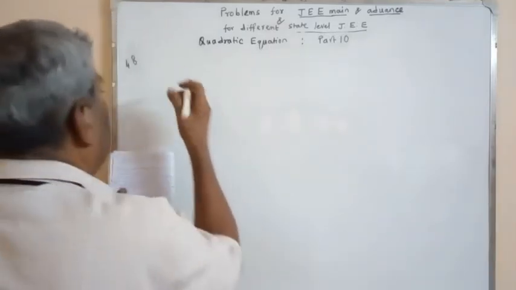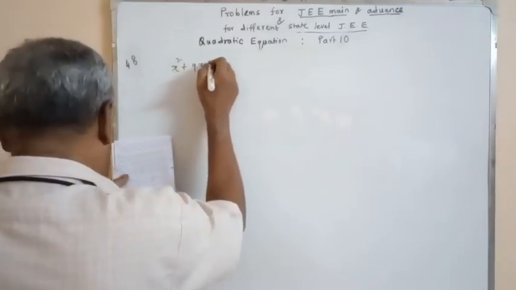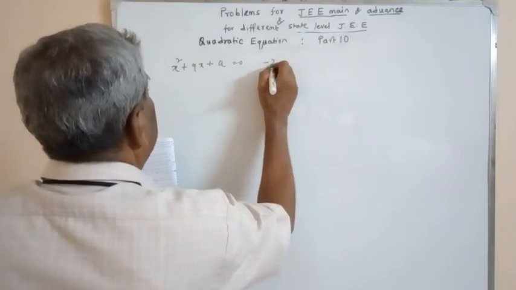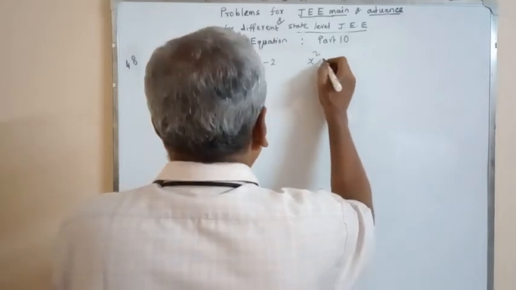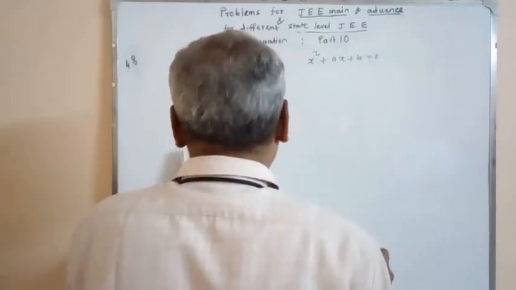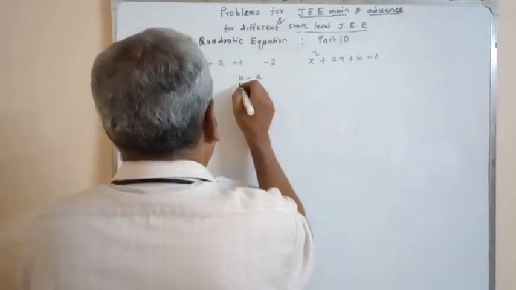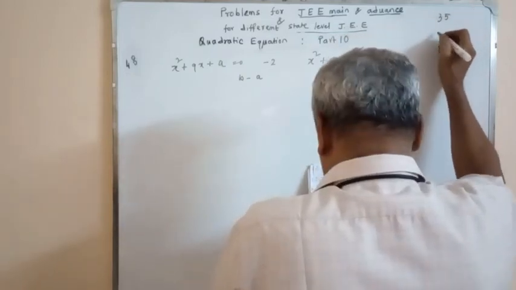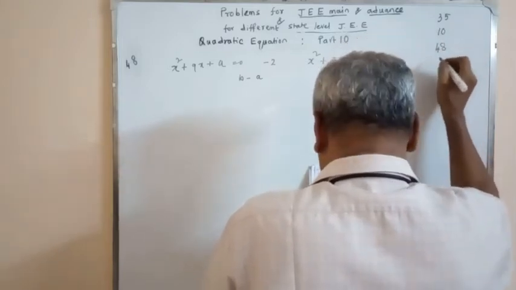If one root of x square plus 9x plus a is equal to 0 is minus 2 and x square plus ax plus b is equal to 0 have equal roots, then find the value of b minus a. Options: 35, 10, 48 and 33.